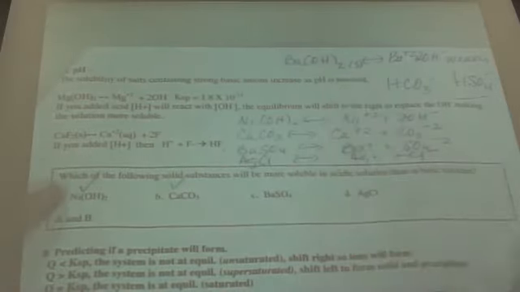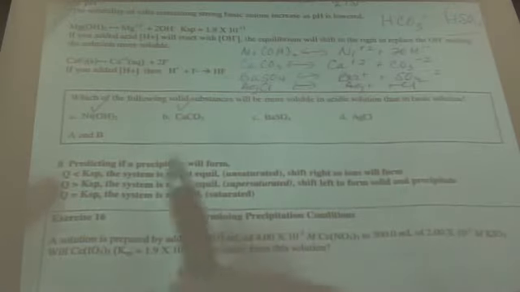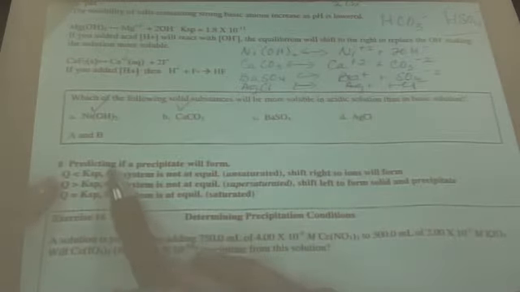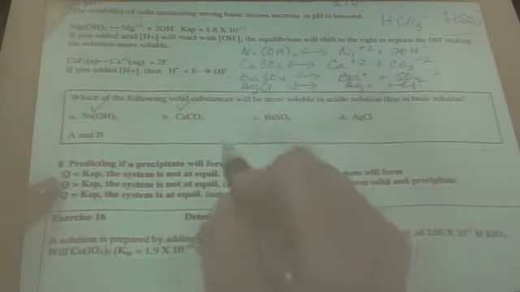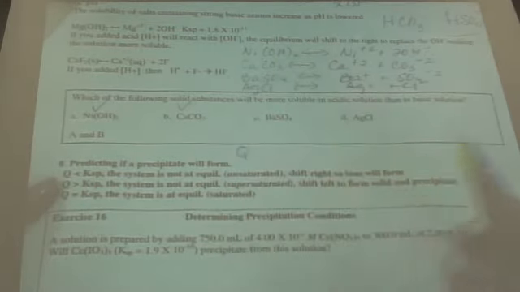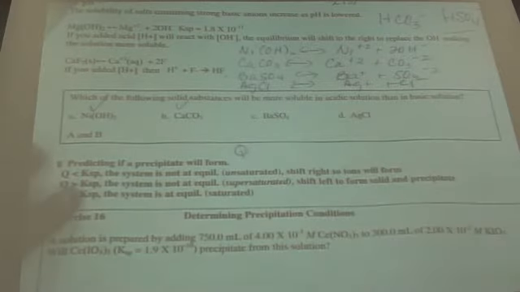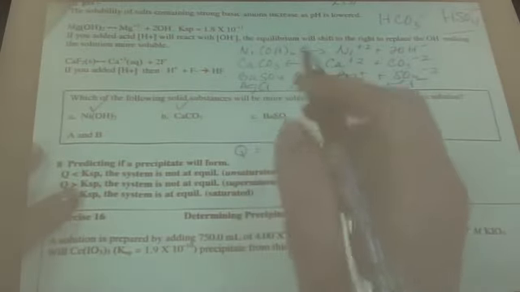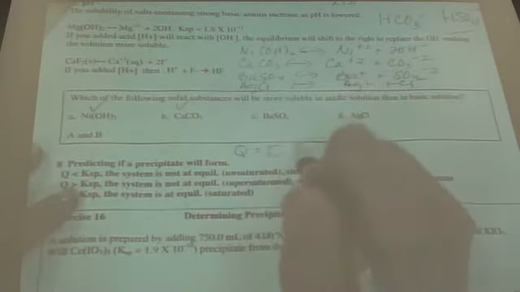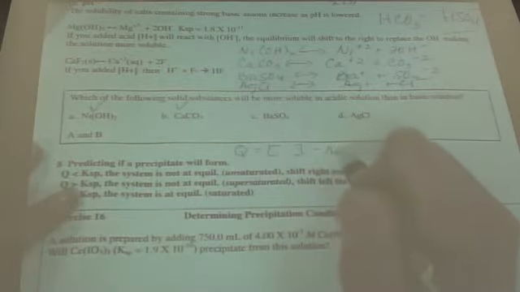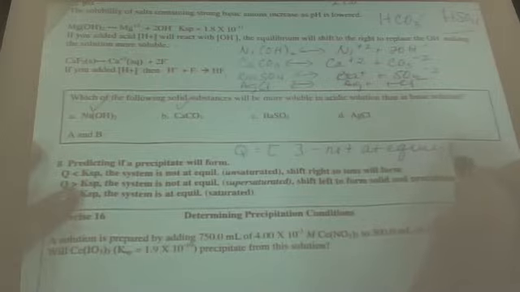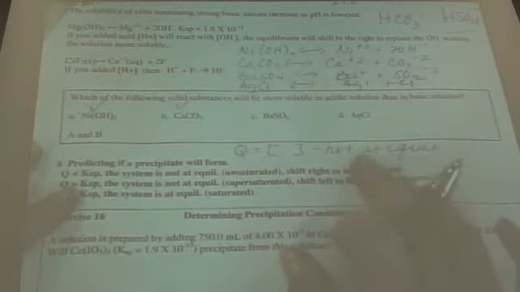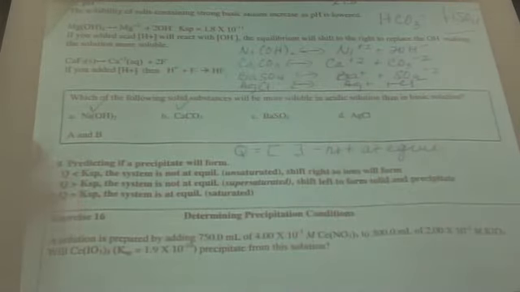All right. Now, you need to predict whether or not a precipitate is going to form. You need to predict that using Q. Do you recall what Q is? The reaction quotient. That is just like K, only the concentrations are probably not at equilibrium. A lot of times these are the original concentrations that I give you.